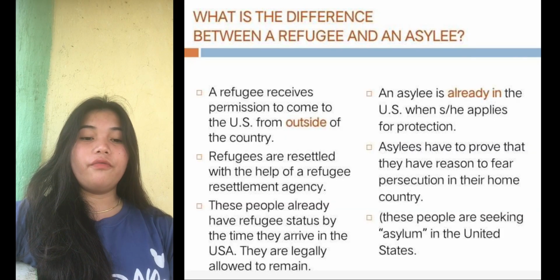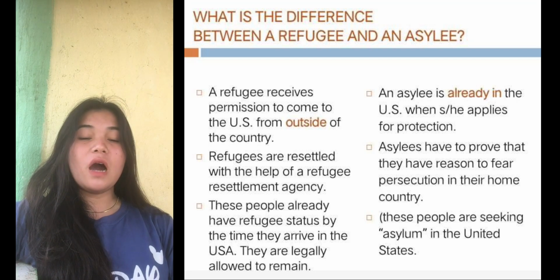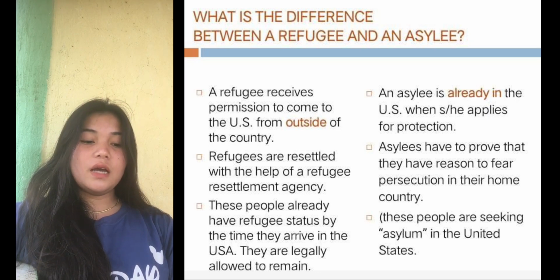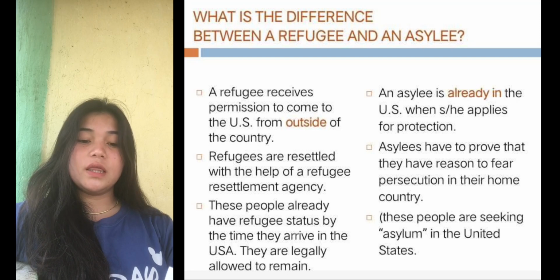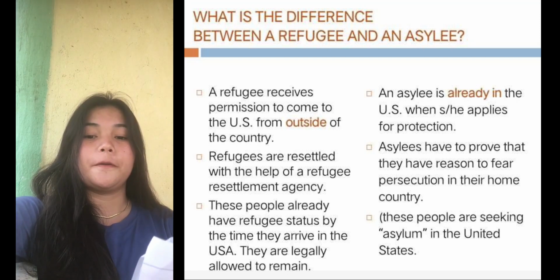The difference between a refugee and an asylee: a refugee receives permission to come to the United States from outside of the country, while an asylee is already in the United States and applies for protection. And last, refugees are resettled with the help of the Refugee Resettlement Agency, while asylees have to prove that they have reason to fear persecution in their home country.